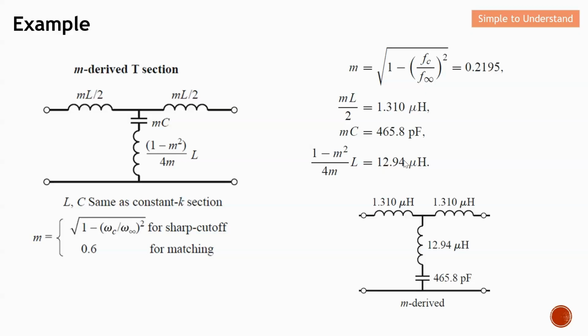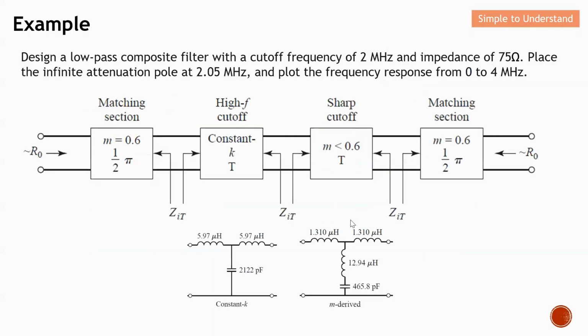Once I'm done with this, I can draw this m-derived T section. So mL over 2 will be 1.310 microhenry, and this mC value will be 465.8 picofarad. Next, this inductor value will be equal to 12.94 microhenry. With this, we have successfully designed the m-derived T section, which is represented over here.